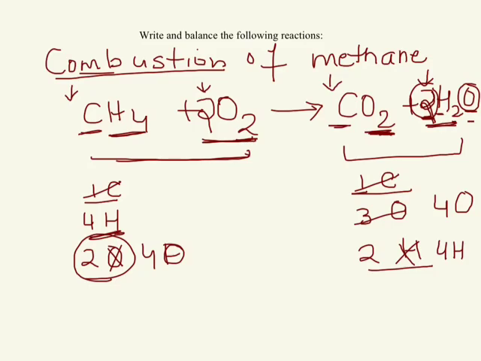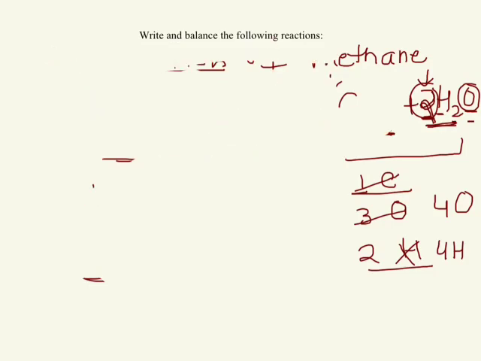So let's take one more example. I'm going to take one combustion example only, because you know how to write down the products. So that is, for example, C2H6O. Now, what are the products of combustion of C2H6O?